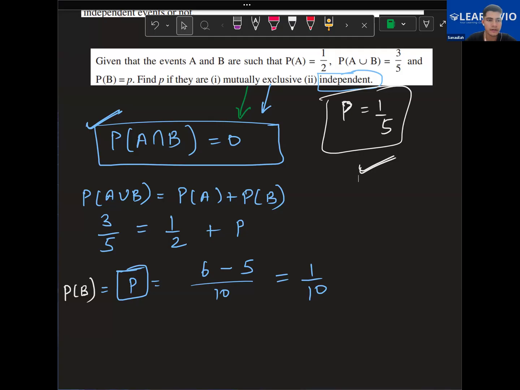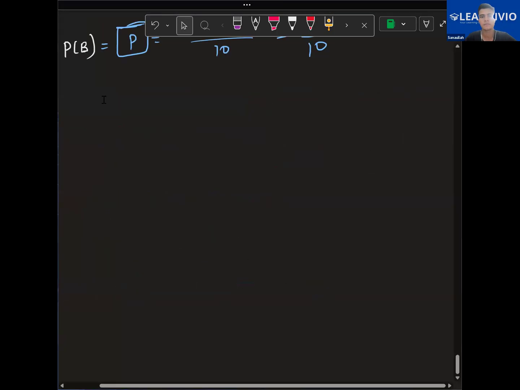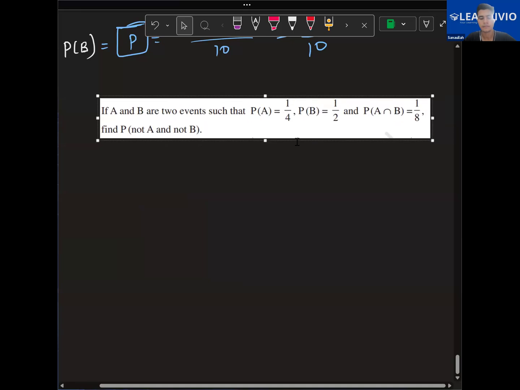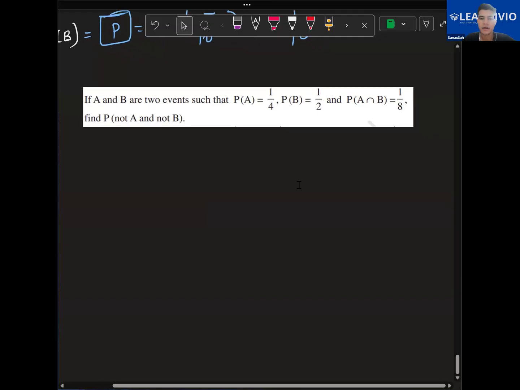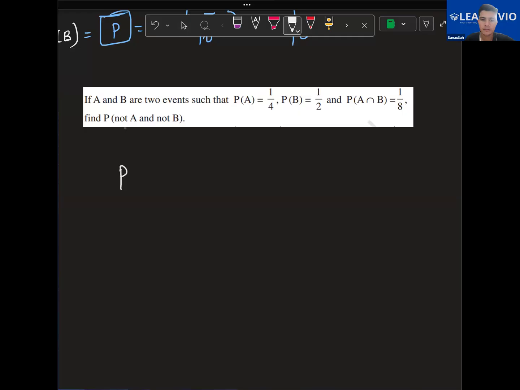This question is algebra based. A and B are two events such that the probabilities of A and B are given and the intersection probability is also given. Find P of A complement intersection B complement.